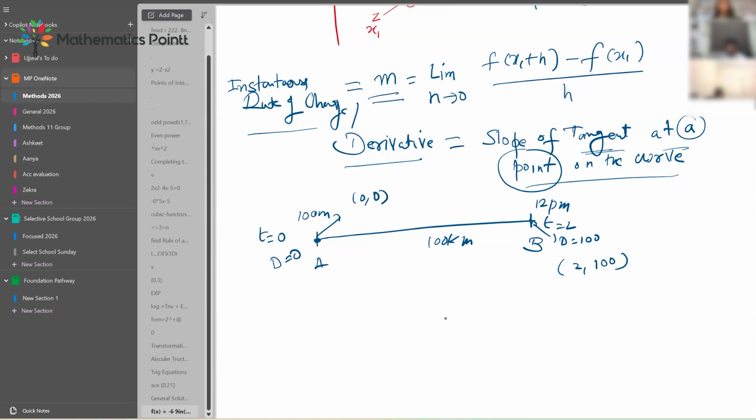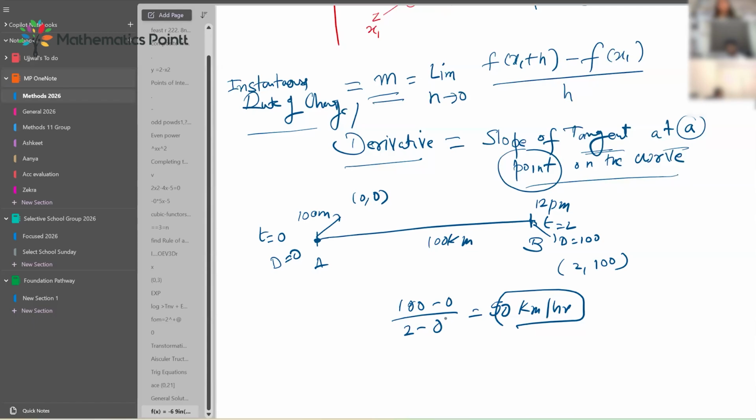So if I ask you what is the average rate of change between the 2 points, you'll say y2 minus y1 over x2 minus x1. 50 kilometers per hour is my average speed. That is what, in the world of distance and time, slope is called: speed, right? Kilometers per hour. Change of distance with respect to change of time. Cool. So 50 kilometers an hour was the average speed.